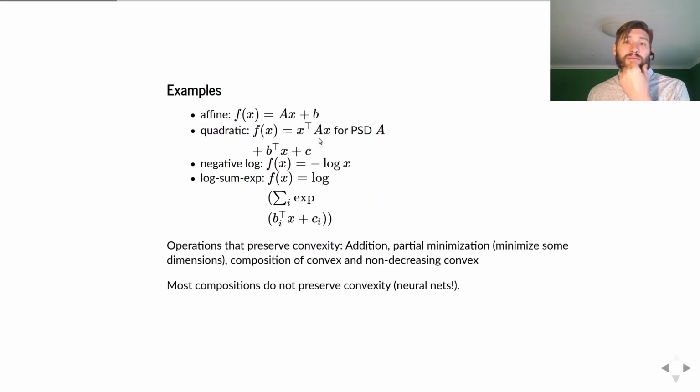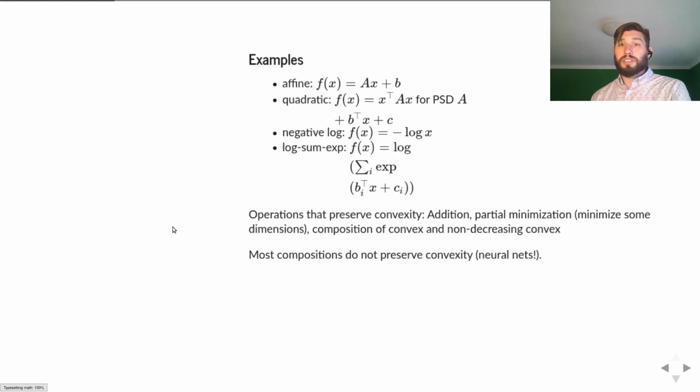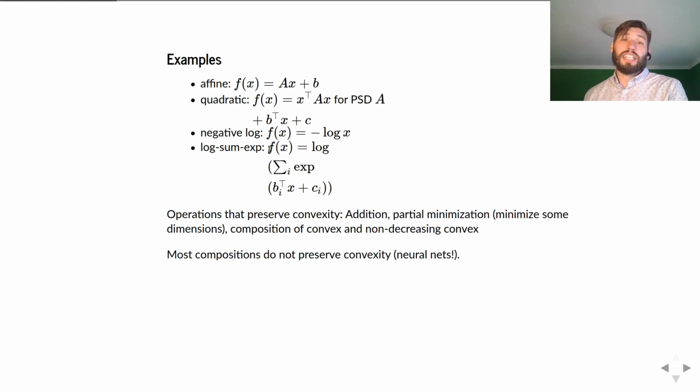Then the negative log function is convex as well, for real x. Log-sum-exp is an interesting one. Sorry, I'm not sure why this is showing up like this, but that's just the log of the sum over i of the exponential of these affine functions. You have a bunch of affine functions, you take their exponential, you sum them up, and then you take the log. That's convex.